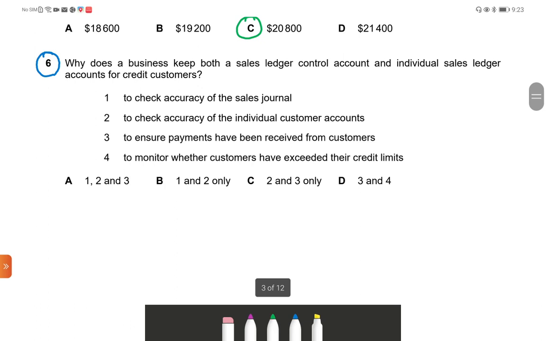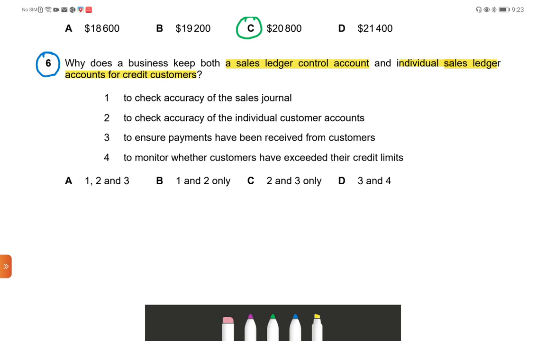Question number 6. Why does a business keep both a sales ledger control account and individual sales ledger accounts of its credit customers? Sales ledger control account is the total sales ledger account, while the individual sales ledger is only the individual sales.